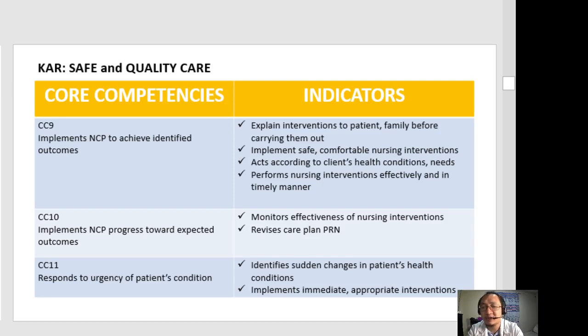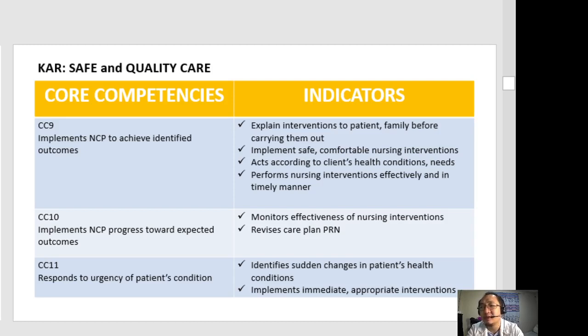These are interventions to correct the problem. For example, if your patient has fever, what are your implementations? What are your actions to meet the expected outcome, which is to decrease the high temperature of your client?